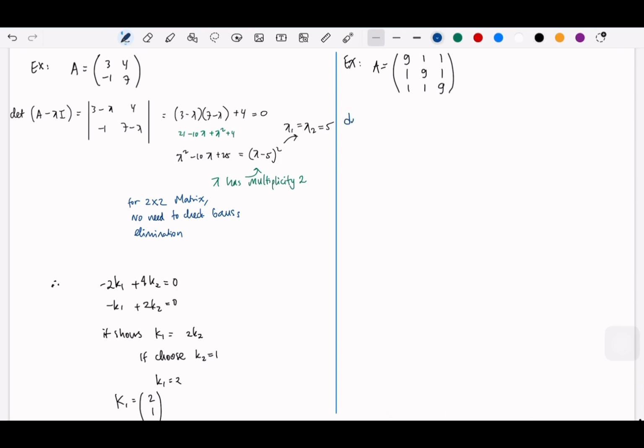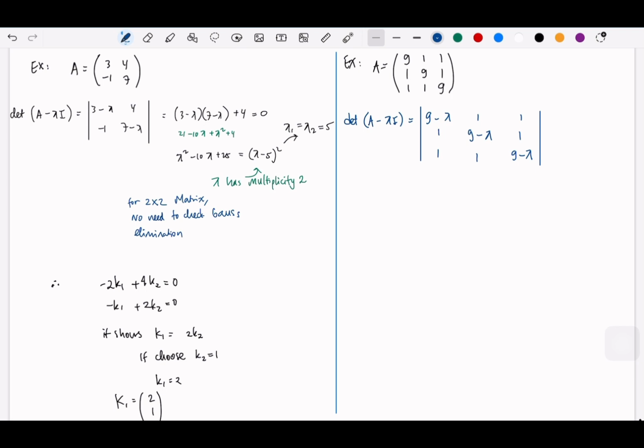So determinant of A minus lambda identity will be equal to 9 minus lambda, 1, 1, 1, 1. So that's the determinant set of equations.